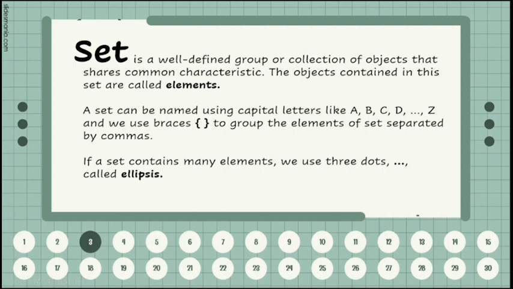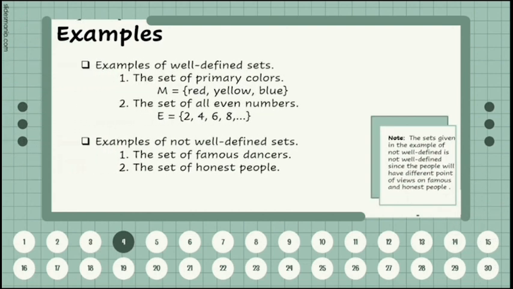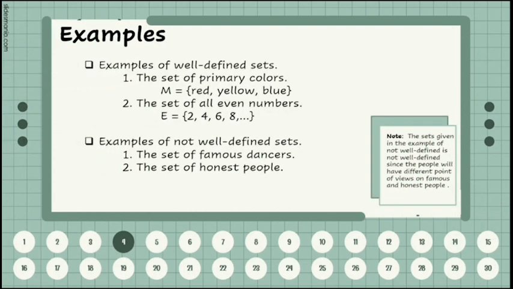For you to understand more about a set, I have here examples of well-defined sets and not well-defined sets. A well-defined set is the set of primary colors. So we have M equals red, blue, and yellow. And the set of all even numbers, we have E equals 2, 4, 6, and 8. So we can say that a set is well-defined if we can identify the characteristic of a given set.